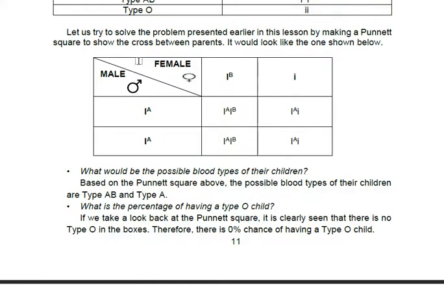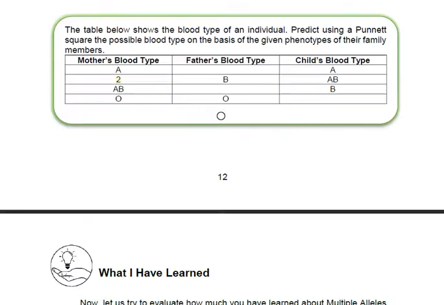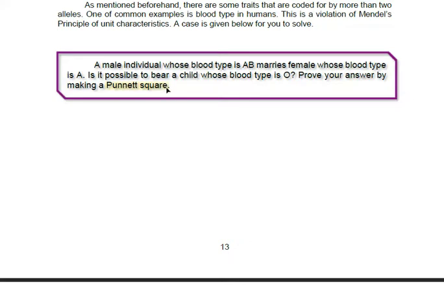Okay? So, ing ani yung buhaton, Punnett square, to give or to show your answers for this problem. Okay? Para ipakita inyong answer ing adto. And then, answer the question, is it possible to bear a child whose blood type is O? So, the answer is yes or no.